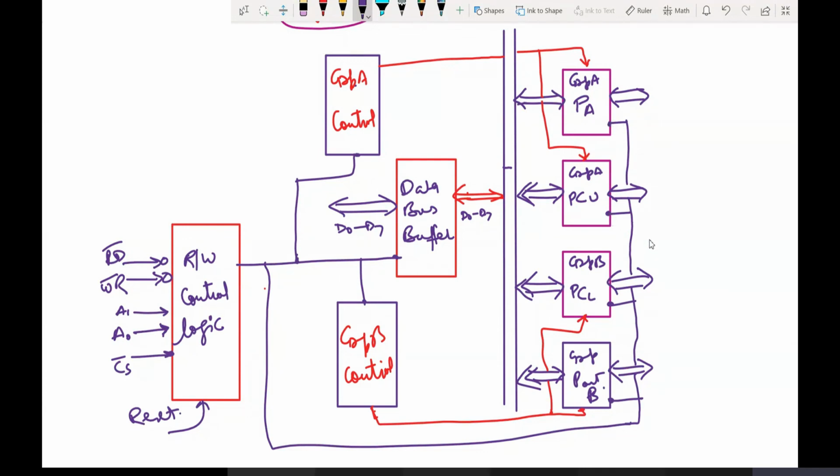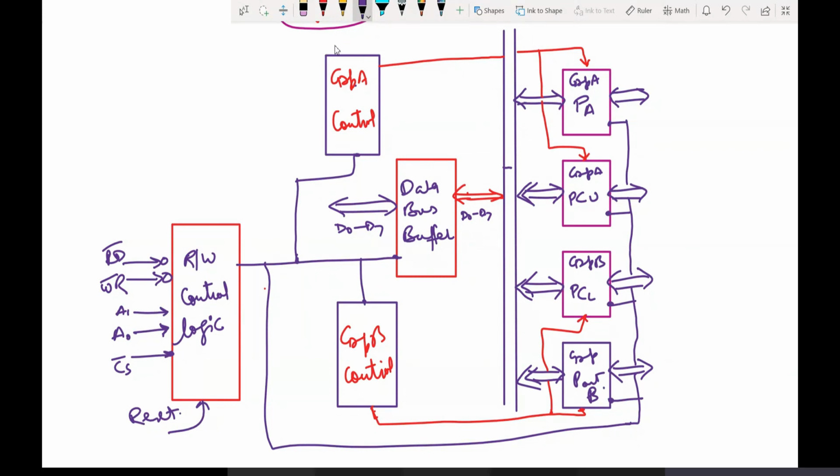Fine. Can you see now that the control logic is connected to all the particular units, every block in this diagram?